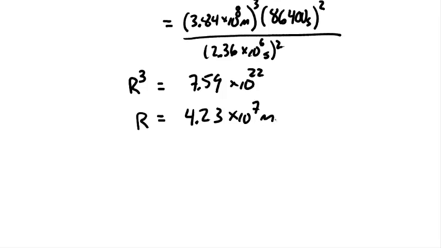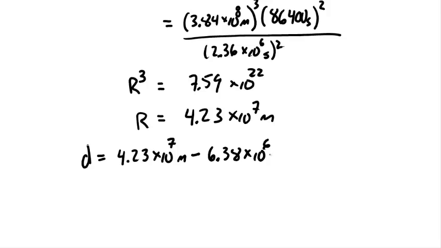So that's the distance from the satellite to the center of Earth. What I asked for was the height above Earth. So then to find our distance above Earth, what we're going to do is take this number, 4.23 times 10 to the 7 meters, and then subtract the radius of Earth, 6.38 times 10 to the 6 meters, and that's equal to 3.60 times 10 to the 7 meters.